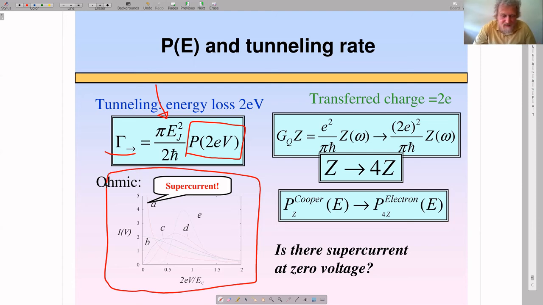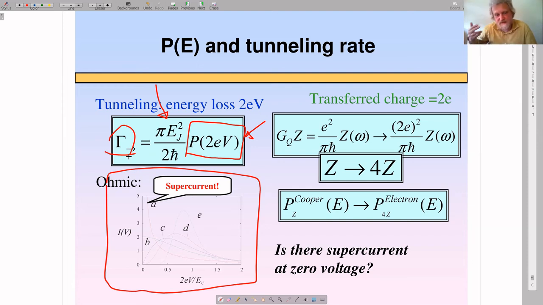And here's the plot. I don't want to zoom in on it because it's just the same plot I used shortly before the break to discuss the properties of P(E). The current, the rate, is just proportional to P. One can see distinct behaviors of the current with respect to voltage.